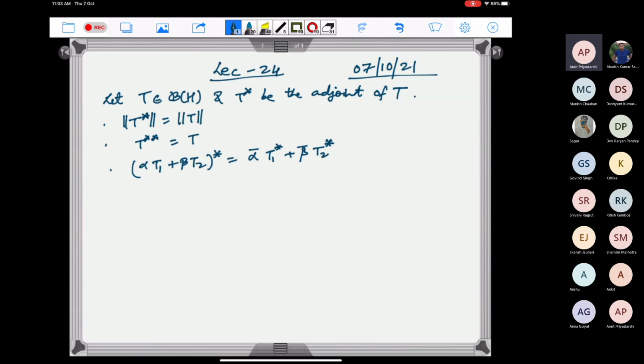And also we have that if we take T1, T2, the adjoint of the composition of two maps is T2 star, T1 star.